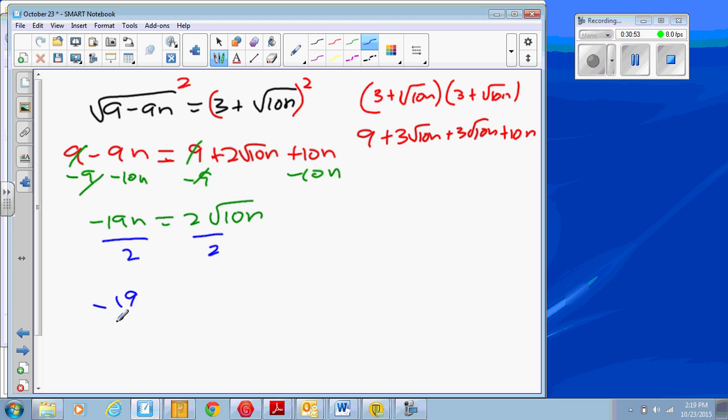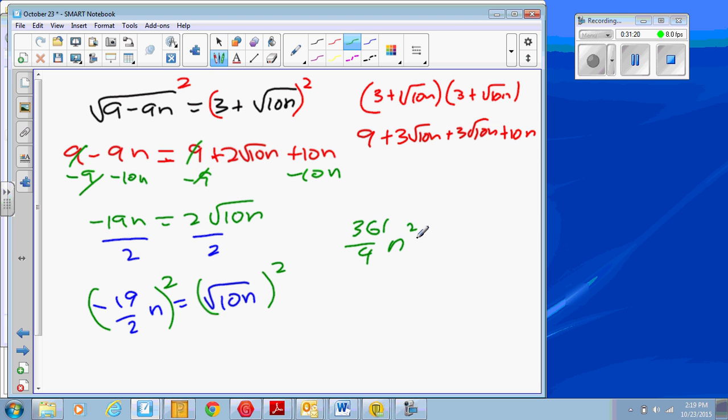Negative 19 over 2n equals the square root of 10n. Now, when I square both sides here, what happens is I get the left side becomes 361 over 4n squared equals 10n.